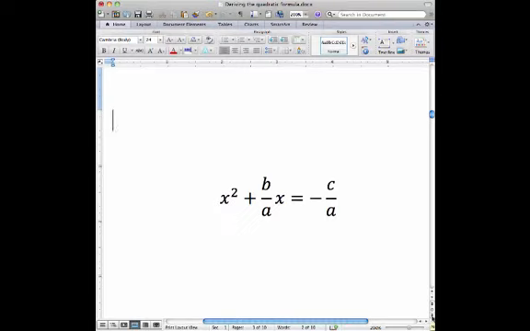Now we do the step that seems to be the most mysterious to most students. It is called completing the square. What we are attempting to do is figure out what value needs to be added to the left-hand side of this equation to transform the left-hand side of the equation into a perfect square trinomial.